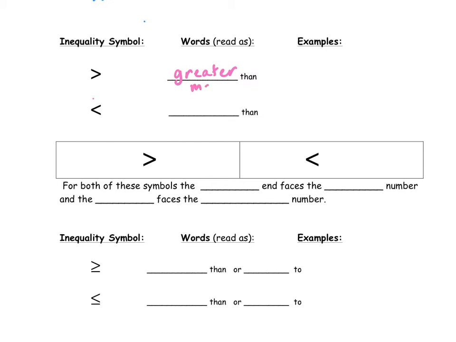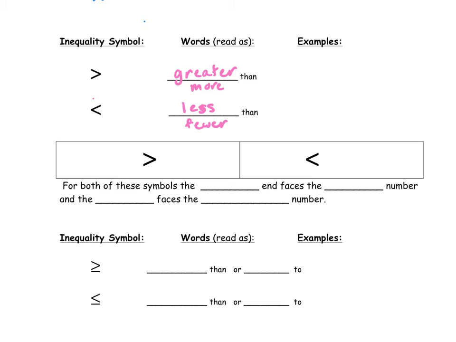Sometimes we use more than, so you can use either one of those wordings, although greater than is more prevalent. And then when we look at this other symbol, reading from left to right, we run into the point, the small part of this symbol first. So we usually refer to that as the less than symbol, or sometimes we can say fewer than.